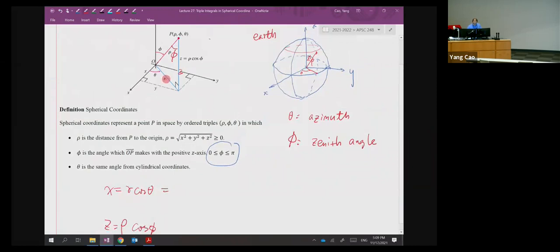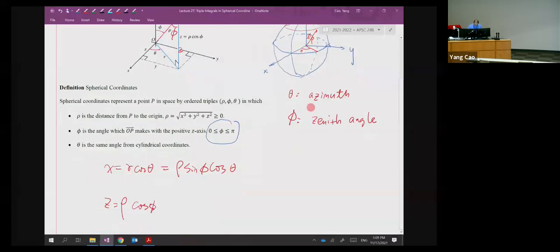And what is r then? r you can get from this triangle over here, which is rho times sine phi. So x is rho sine phi cosine theta. That's your r. And similarly, your y is r sine theta, and that gives you rho sine phi sine theta.